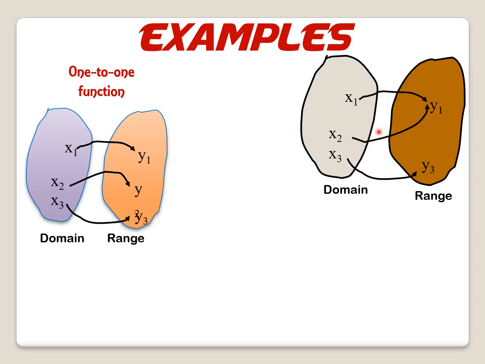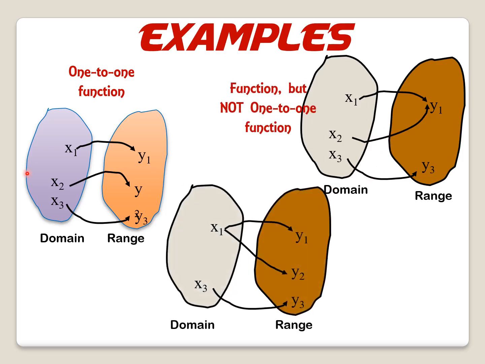So this one is still a function, but it is not a one-to-one function. While this one is not a function, since you have here domain, which is x, nakapares sa dalawang magkaibang y, so definitely this is not a function, and it is also not a one-to-one function.